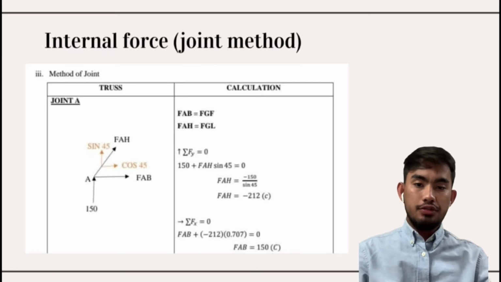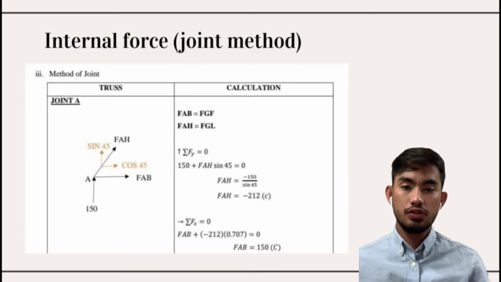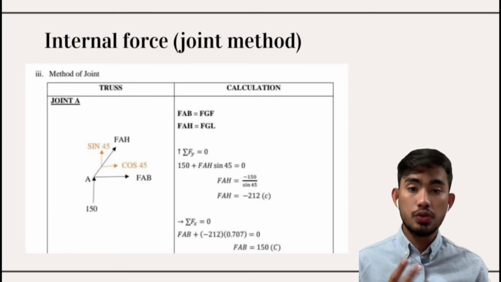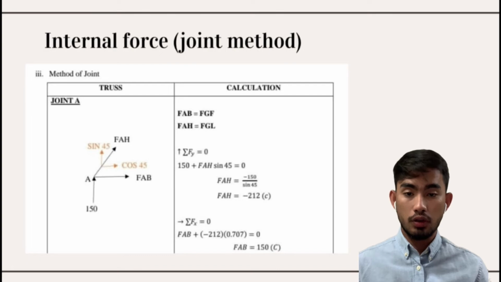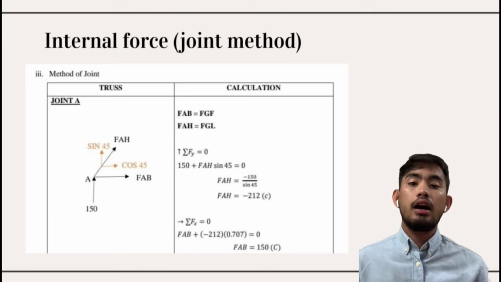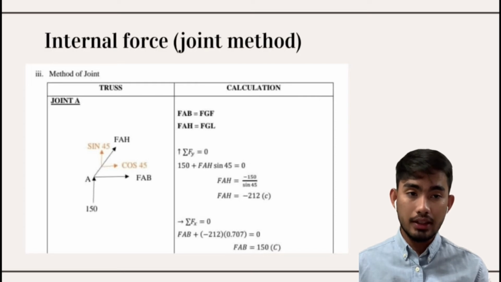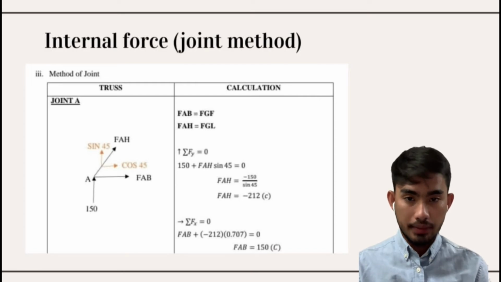The next step, after we calculate the reaction forces, is to proceed to calculate the internal forces. There are three methods that we can use to calculate the internal force. The first is the section method, the second is the joint method, and the third is the alternative method.